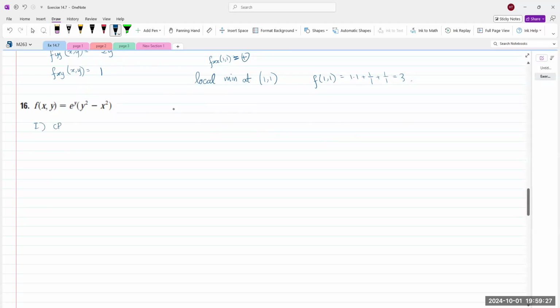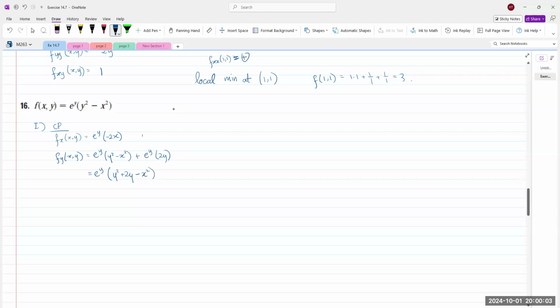So to find the critical points, f sub x of (x,y) will be e to the y times negative 2x. f sub y of (x,y) will be e to the y times y squared minus x squared, plus, I do product rule, e to the y times 2y, which is basically e to the y times y squared plus 2y minus x squared.